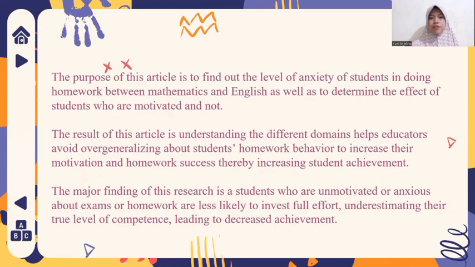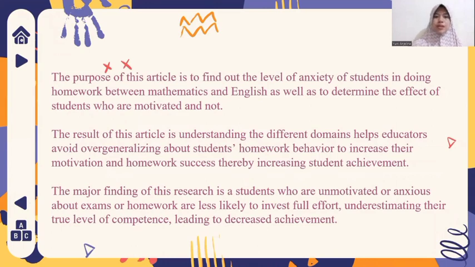The purpose of this article is to find out the level of anxiety of students in doing homework between mathematics and English, as well as to determine the effect on students who are motivated or not.